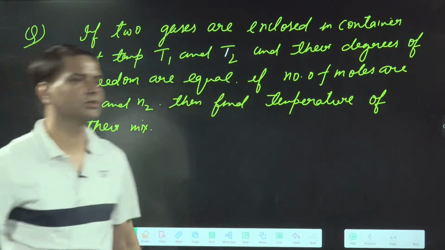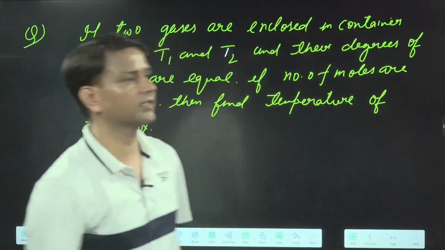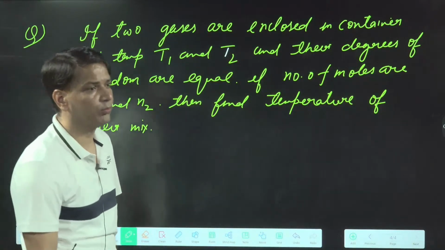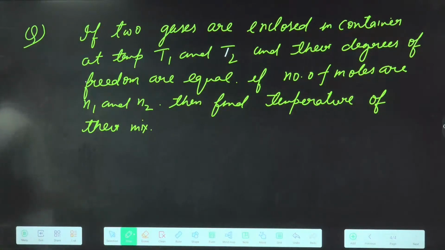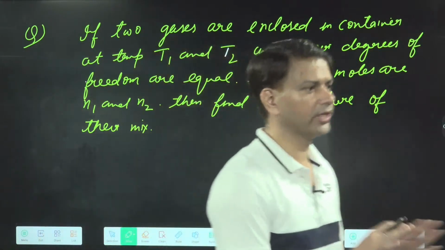If there is no loss in energy anywhere: two gases are enclosed in the container at temperatures T1 and T2, their degrees of freedom are equal, the number of moles are N1 and N2, and we have to find the temperature of their mixture, considering no loss.